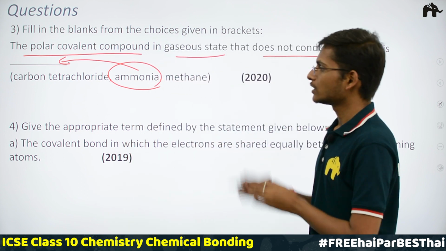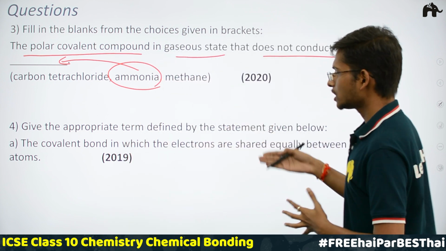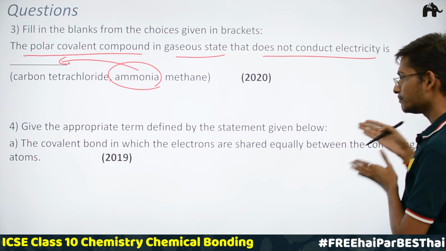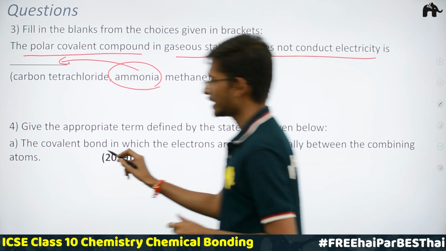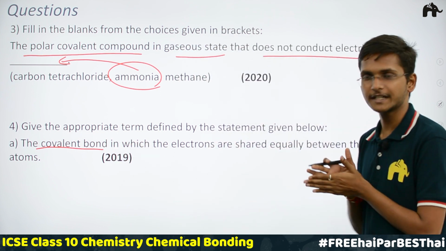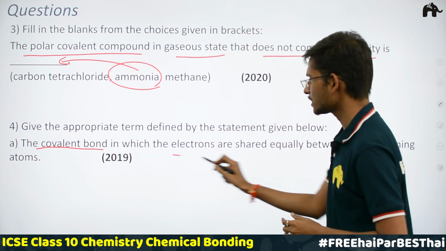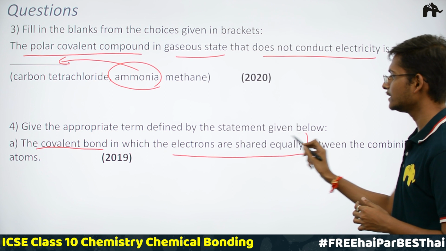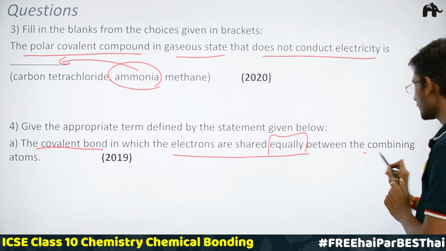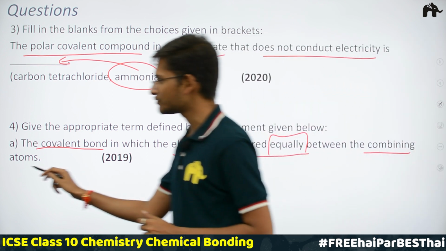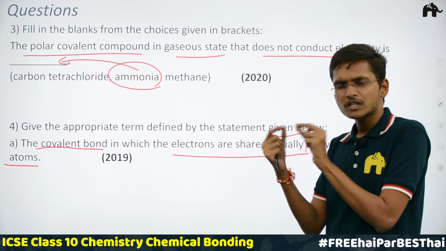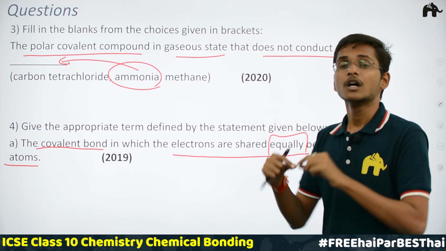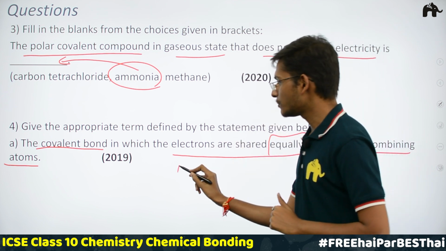Now give the appropriate term defined by the statement given below. We have to just give a term. The covalent bond in which electrons are shared equally between the combining atoms. We have already studied this. Such covalent bonds in which electrons are shared equally are called non-polar covalent bonds, right?